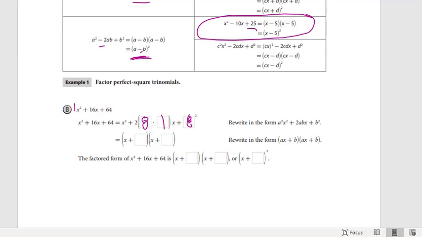That 1 just comes from the number that's in front of x. So we know that this is going to be x plus 8 times x plus 8. That should make it fairly simple, fairly quick. So the factored form is x plus 8, or we call it x plus 8 squared.